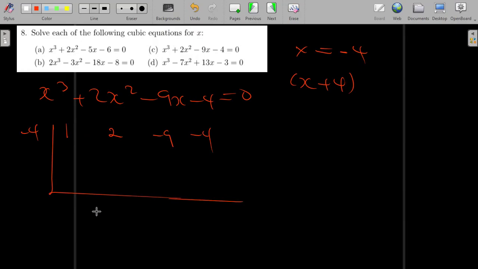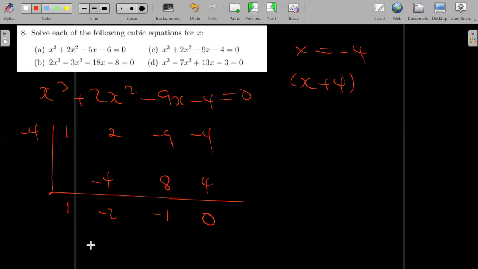Then from here, I can simplify. So 1 multiplied by -4 gives me -4. Add these two, I get -2 multiplied there. That gives me positive 8, and this gives me -1 multiplied there, and I get a positive 4 and get a 0.